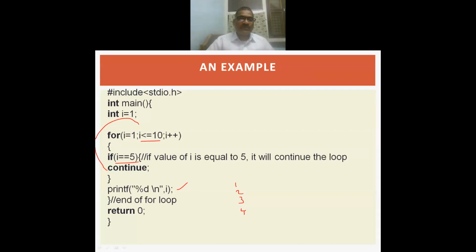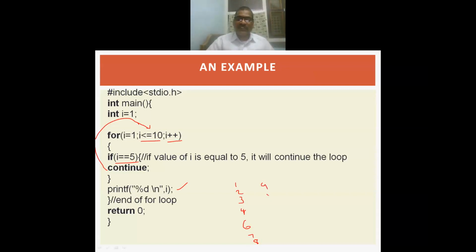After that, when i becomes 5, continue is executed here. Once continue is executed, it goes to i plus plus, so i becomes 6. 5 will be skipped, and it will display 6, 7, 8, 9, and 10.